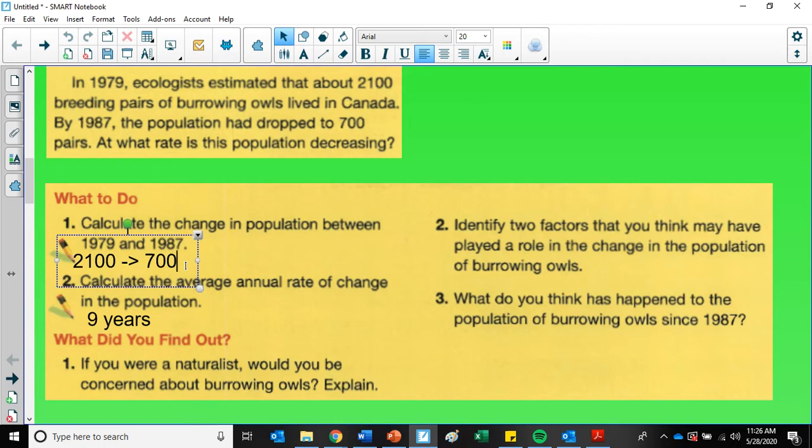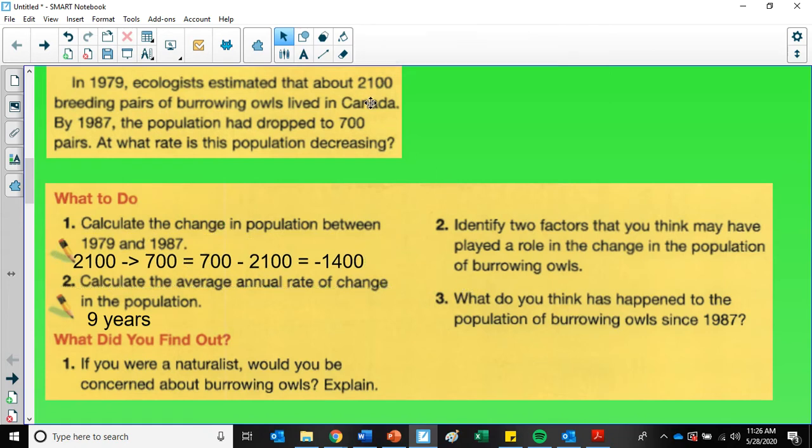So, quick, easy way: what is the difference? Subtract the two. I'm going to take the smaller number, my final number, minus my original number, and it will equal negative 1,400. This is important because that negative tells me it dropped.